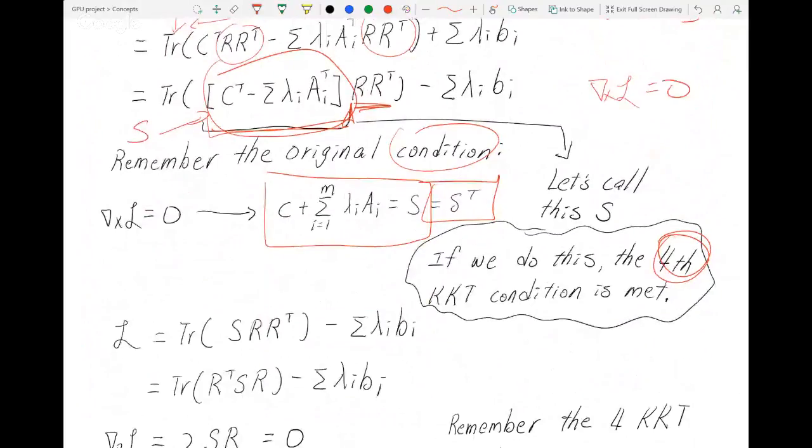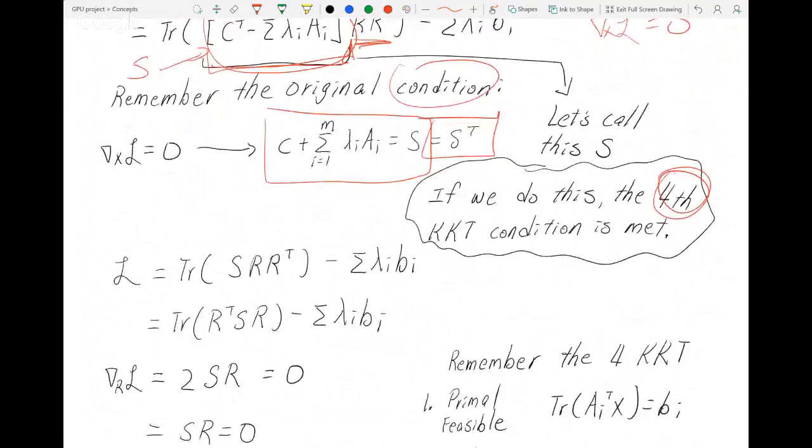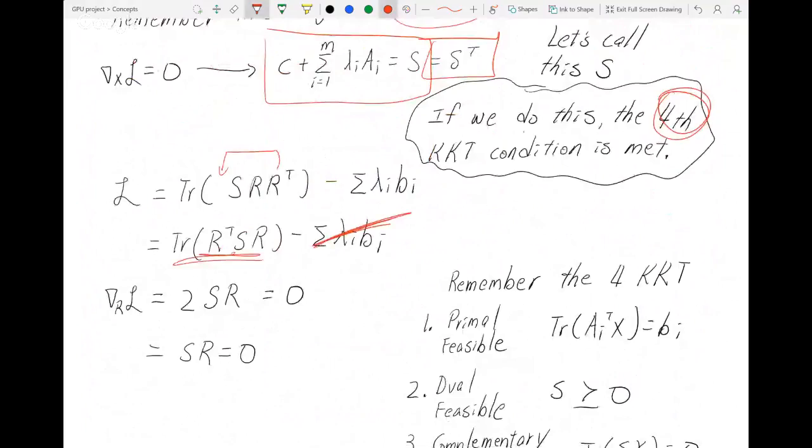So notice I have set this thing into S. Once I do that, I can rotate this R to this side, so it's easier to find the gradient. And if we find the gradient of this, of course, there's no R here, so this cancels out. When you find the gradient of this, it turns out to be this, because, well, S is S transpose.